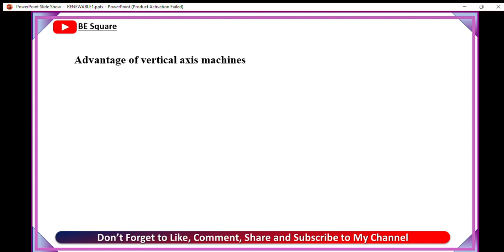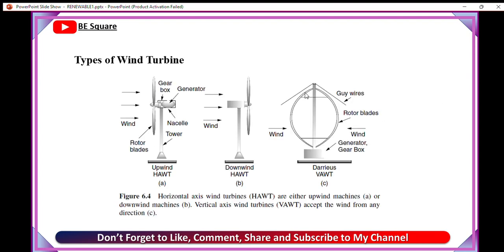Okay, moving on to the next point, there are some advantages of the vertical axis wind turbine. There is no yaw control system needed because the wind faces it from both directions. It can rotate if the wind is from the back side, or if the wind is from the front side. It can rotate in both directions.